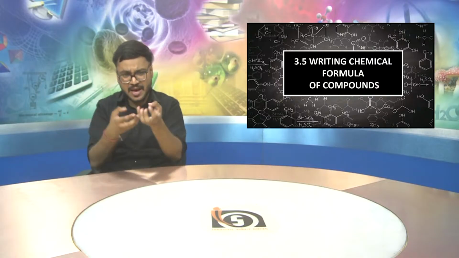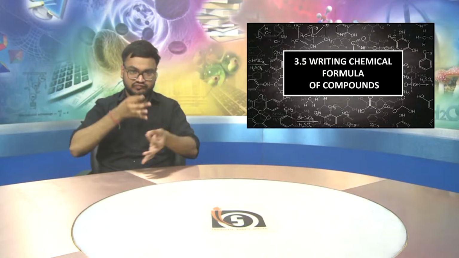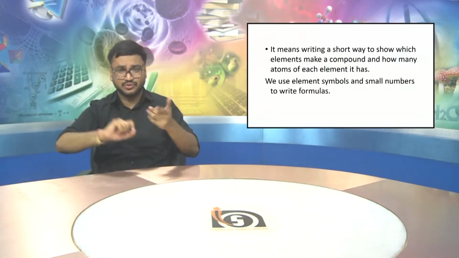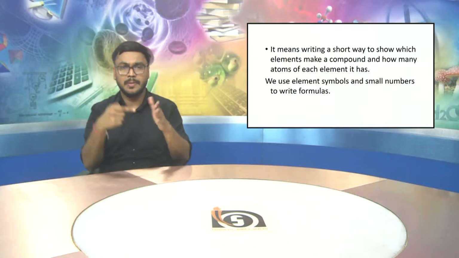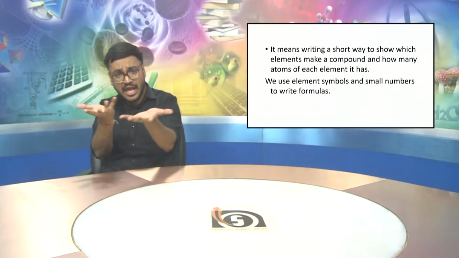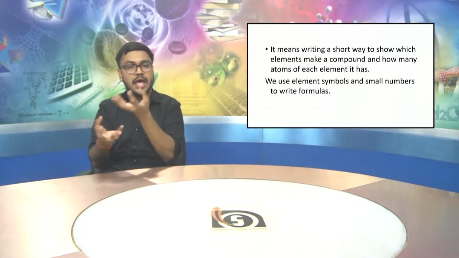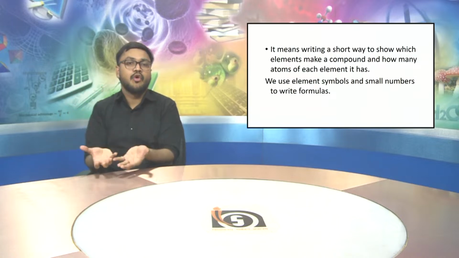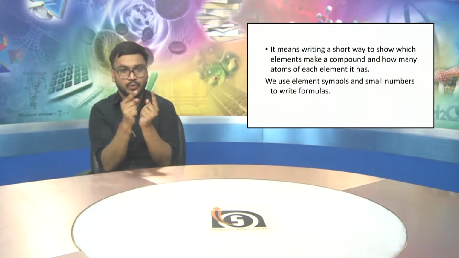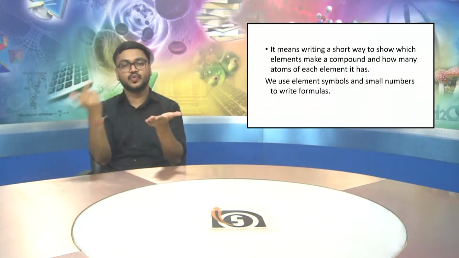Now let's look at some chemical formulas of compounds. A chemical formula is a short way of showing which elements make a compound and how many atoms of each element it has. We use element symbols and small numbers to write formulas.